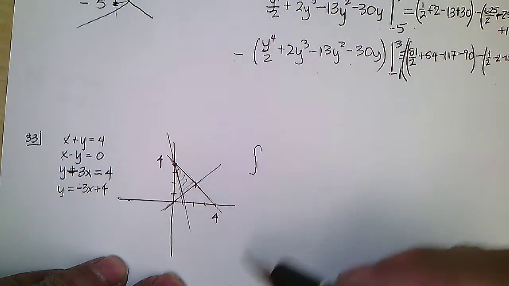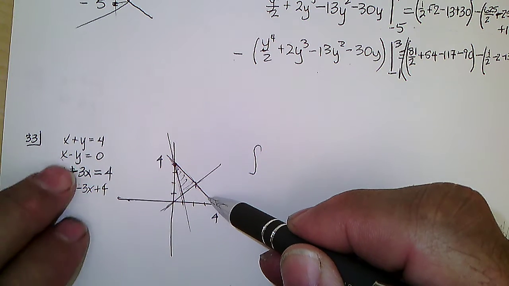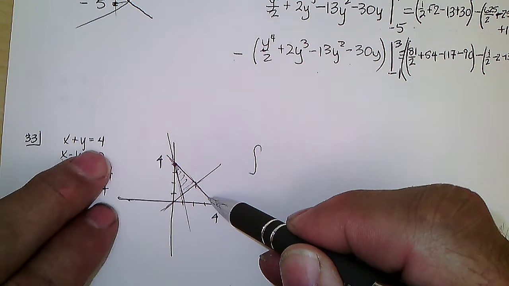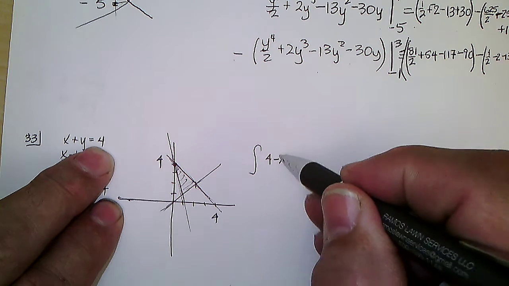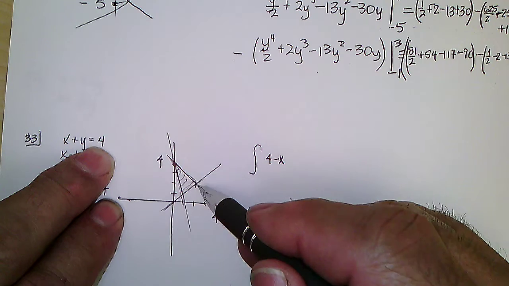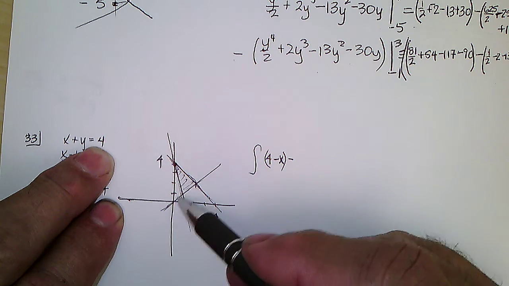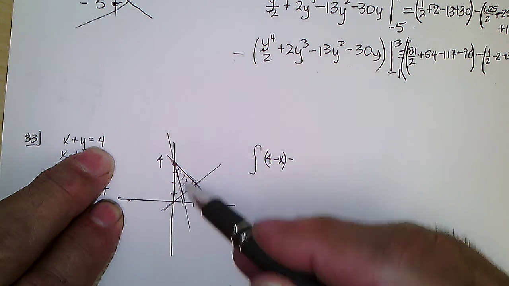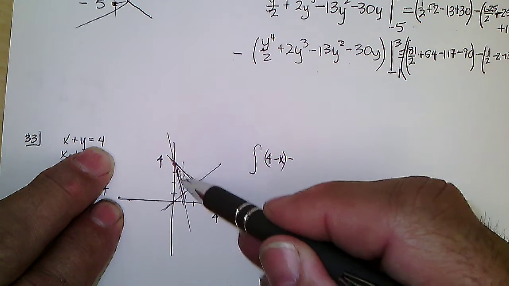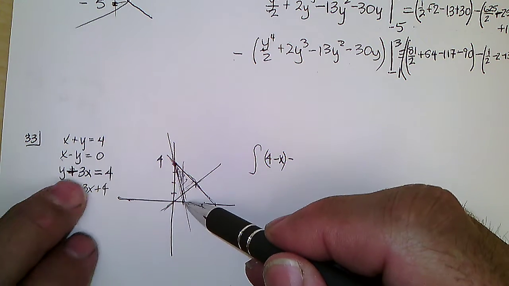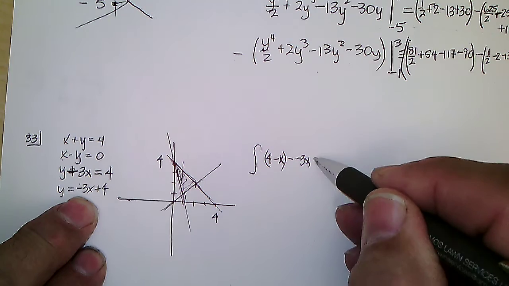So I'm going to go integral the first section. I'm going to take this curve, which is y equals 4 minus x. That's this one minus this one. That's the lower bound for this first part, and that one's the minus 3x plus 4.